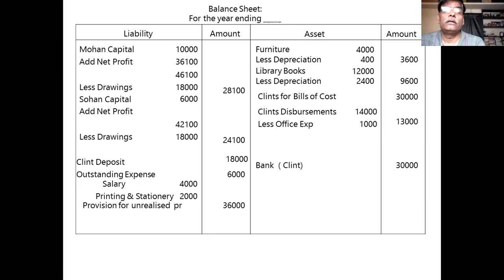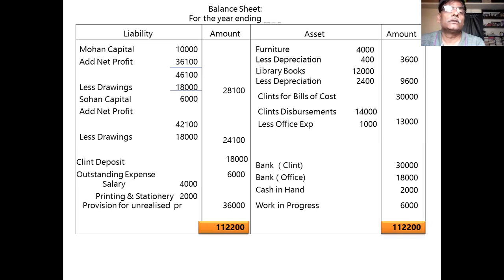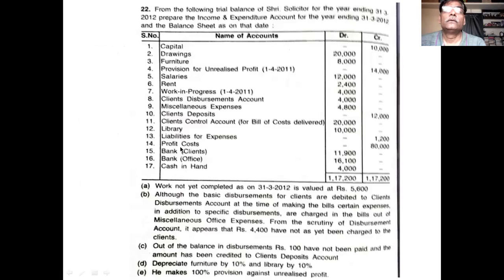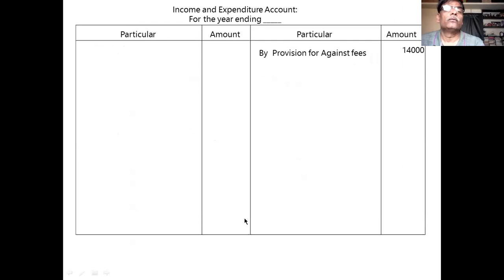Okay. Client account, office, cash, work in progress. You take the total, and the balance is tallied. Clear? Next, problem 22. Problem 22 is the same. You go through this.